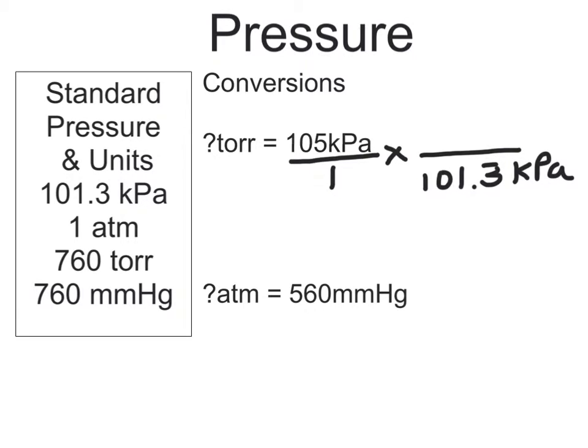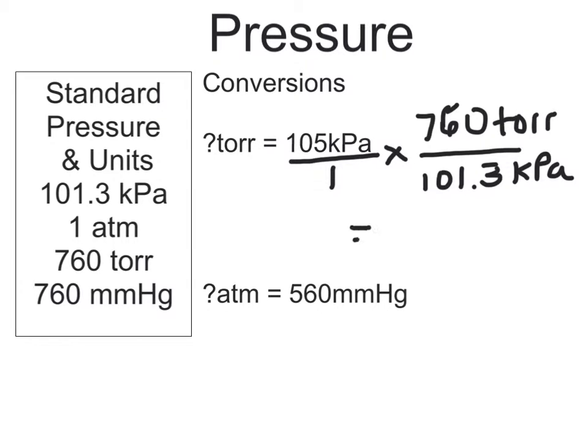Now I am changing to torr. So again I look at the chart on the left and I see that my standard pressure in torr is 760. So that value gets placed on the top of my fraction, 760 torr.